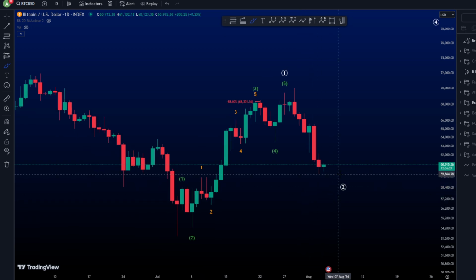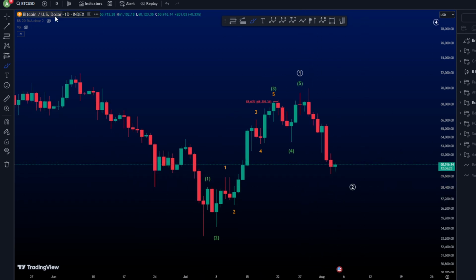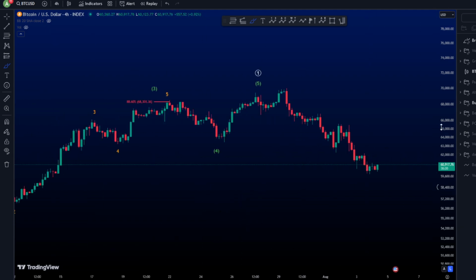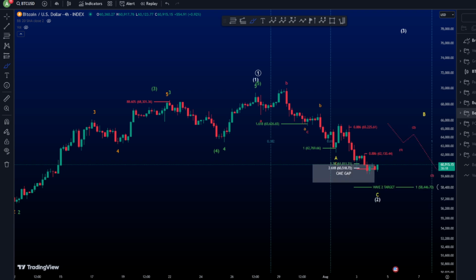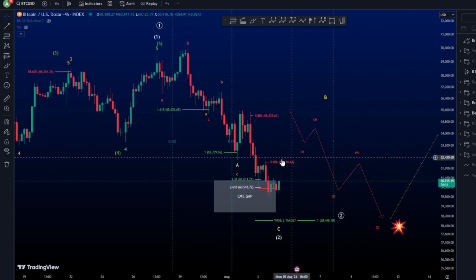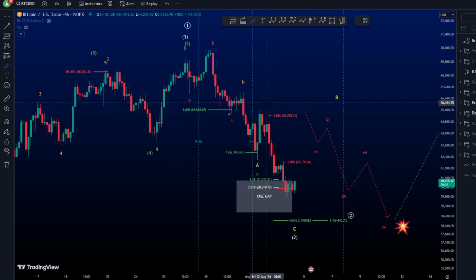To get more information about this, we are moving to the 4-hour chart, and we're going to see what is going on inside this corrective wave. What we are expecting is that this corrective wave is a clear 3 waves correction, right?